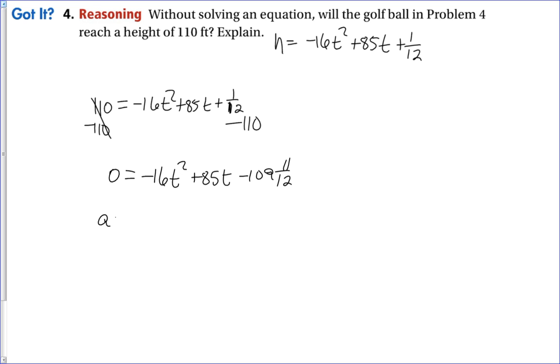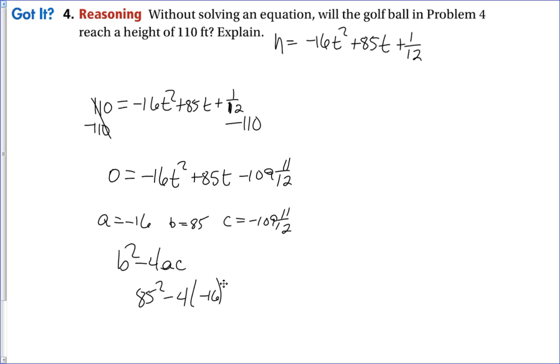So A equals negative 16, B equals 85, and C equals negative 109 and 11/12. So now let's plug it in, B squared minus 4AC. So we're going to have 85 squared minus 4 times negative 16 times negative 109 and 11/12.